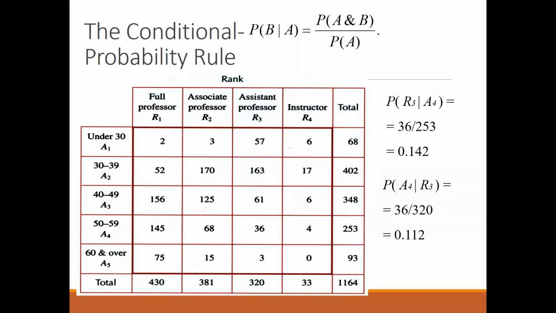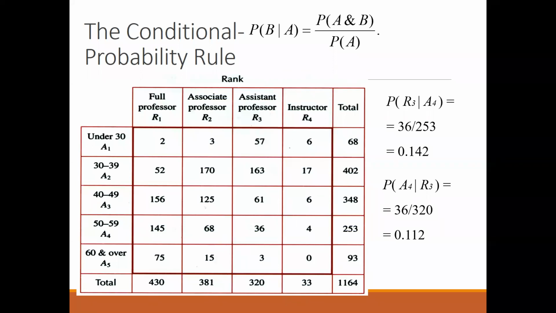So R4, put a line and A2. Seventeen by 402. 0.042. Right. One more and then we'll go ahead.